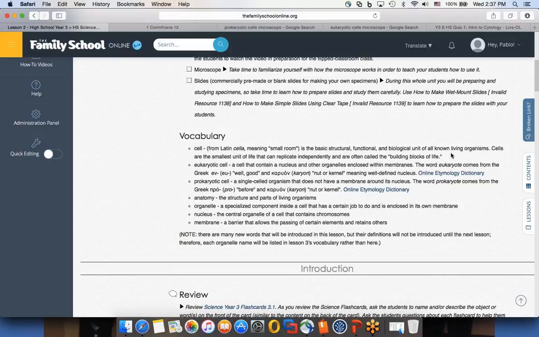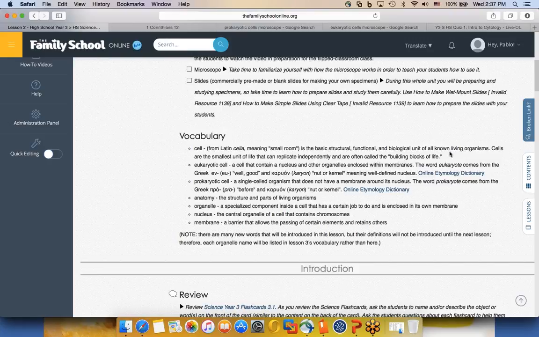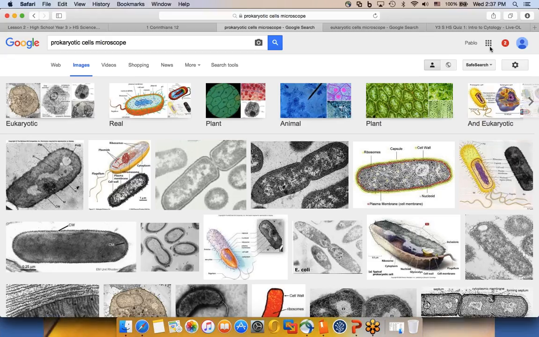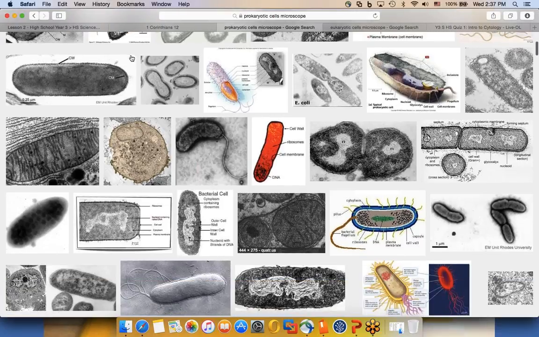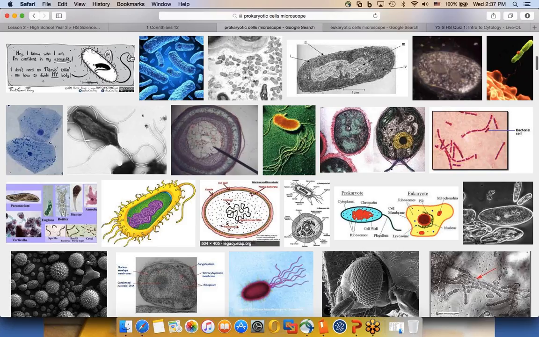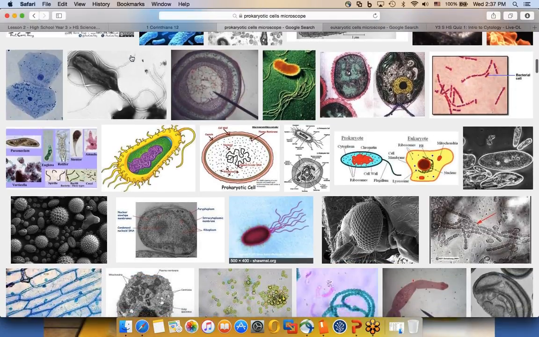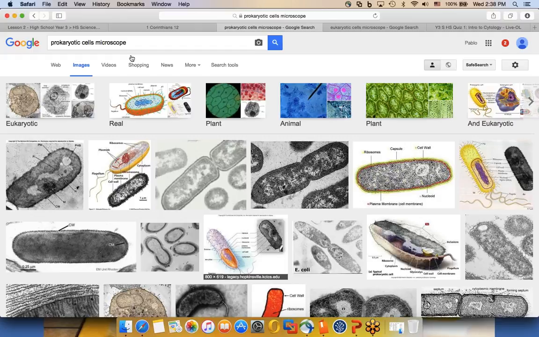So we have the eukaryotes that have a well-defined kernel and the prokaryotes. Someone else also asked the question, what can we do for the assignment if we don't have a microscope? Well, one thing you can do if you choose the assignment that requires a microscope is go to Google and type, for example, prokaryotic cells, microscope, images, and voila, you have lots of images that are going to be helpful in giving you an idea of what you can see.